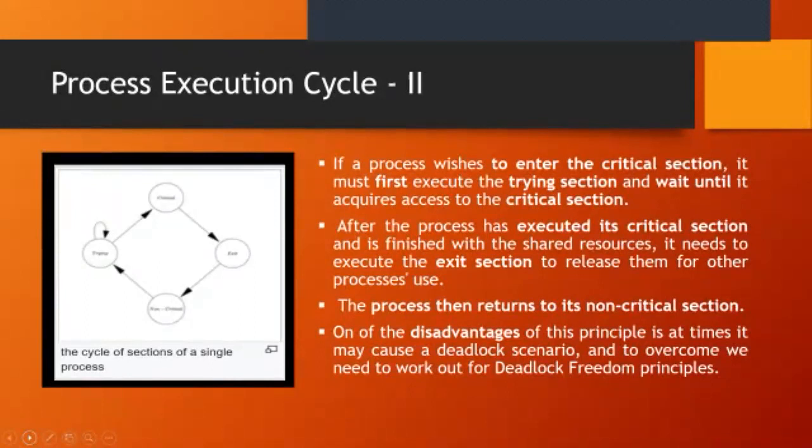One of the disadvantages of this principle is that at times it may cause a deadlock scenario. To overcome it, we need to work out deadlock freedom. What is deadlock? When you are drawing a graph or a diagram and you find that there is a cycle happening, at that time you will understand that there is a deadlock.